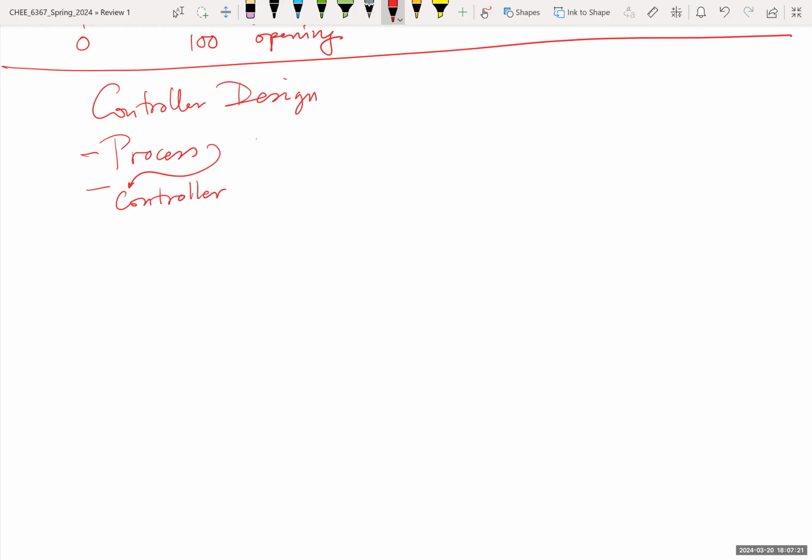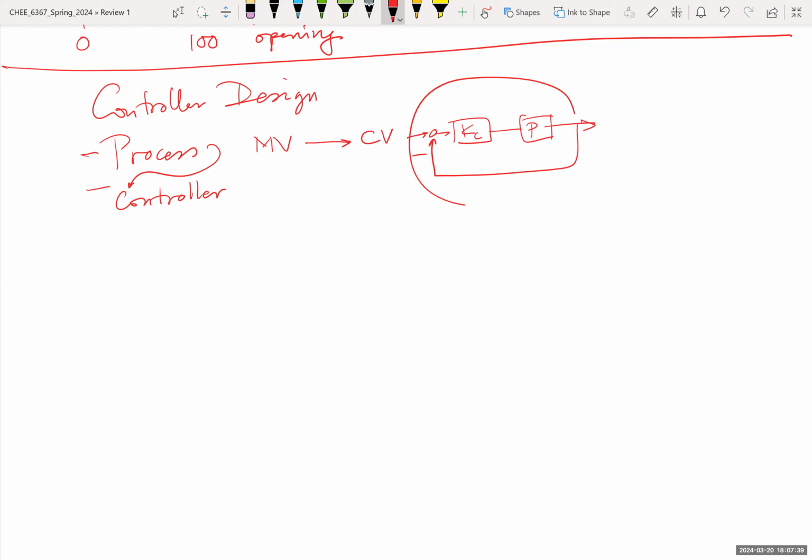Usually, the knowledge about the process is I know how my MVs affect my CVs. But not always. It could be in the form of a process plus a P controller. If I build a feedback path around them, this behaves in a known way. Particularly, this is the ultimate gain. That's what the Ziegler-Nichols tuning rule, the second tuning rule, relies on.